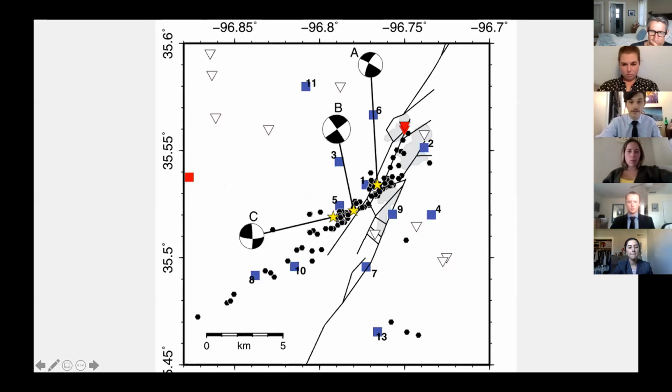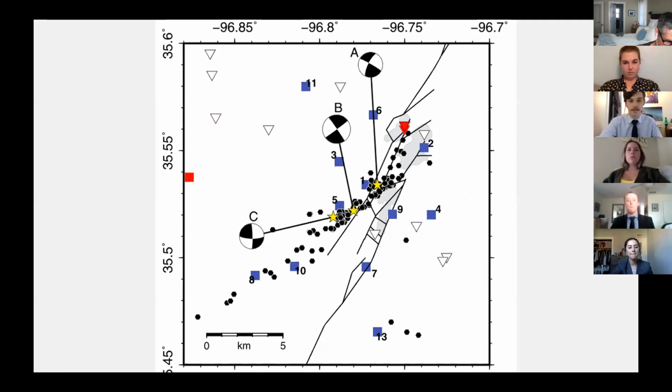They found out that events A and B, these 2 right here, which were the 2 largest earthquakes that occurred, both had positive Coulomb fault failures, indicating that they were caused by fluid injection. But C had a negative Coulomb number, so they were curious why that happened, and they soon found out that the extra stress that caused event C was caused by the other earthquakes prior.